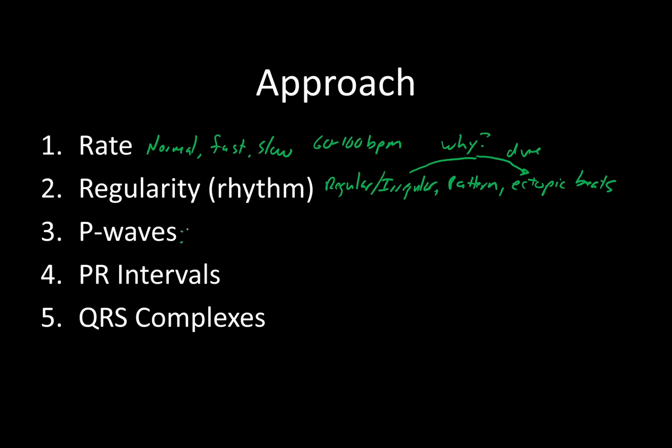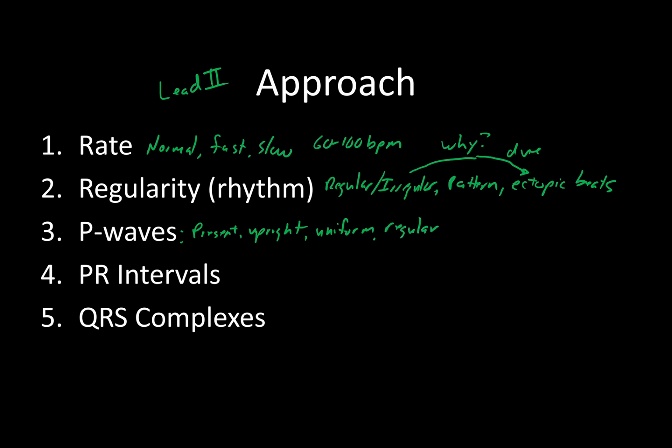When it comes to your P waves, we're looking to see, well, one, are they present? Are they upright? Because again, in lead 2, your P waves should be upright. Are they uniform? And then are they regular?